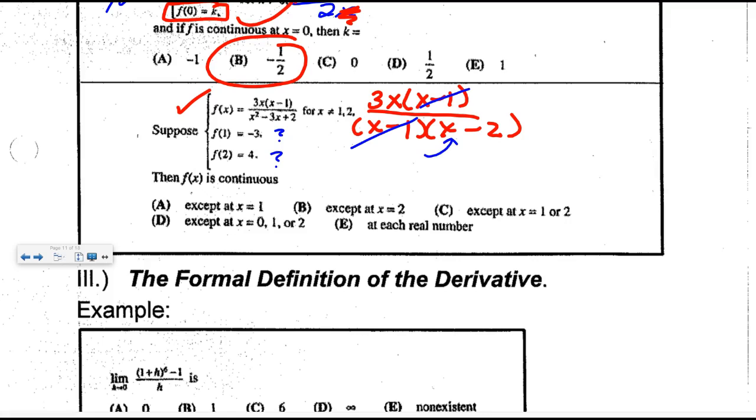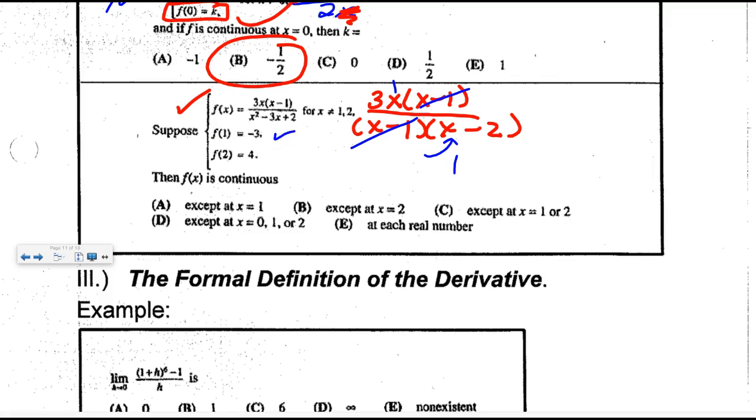So let's talk about where we have continuity. First thing I'm going to do is put a 1 into the function and see if that negative 3 plugged up the hole. Let's go check that out. I'd get 3 over negative 1, which is negative 3, which means we've got continuity at 1, right?